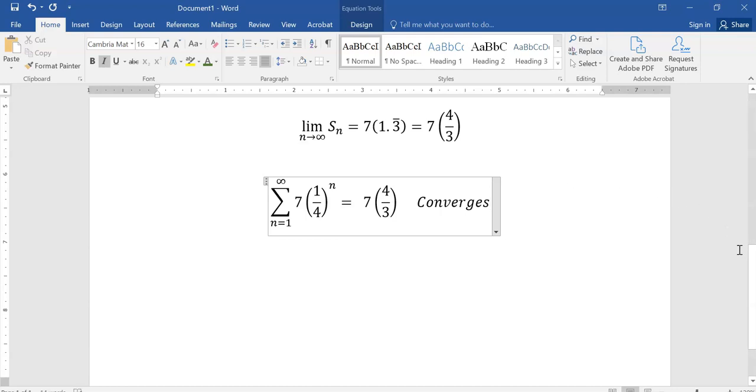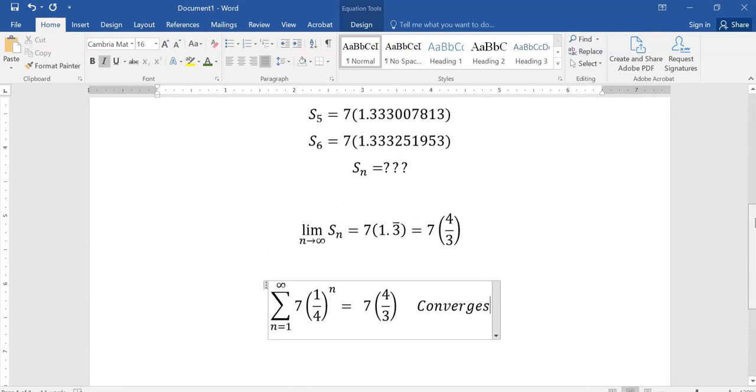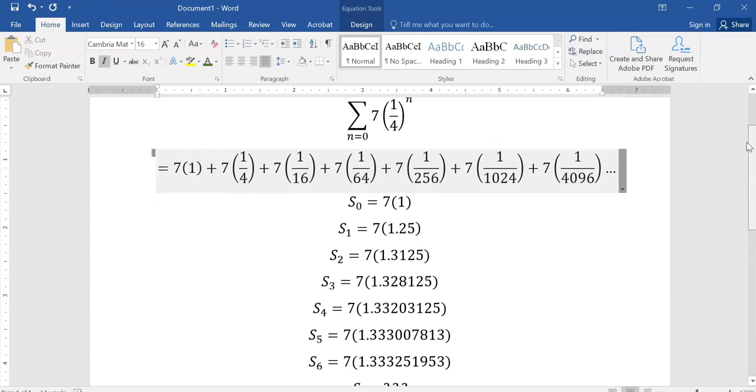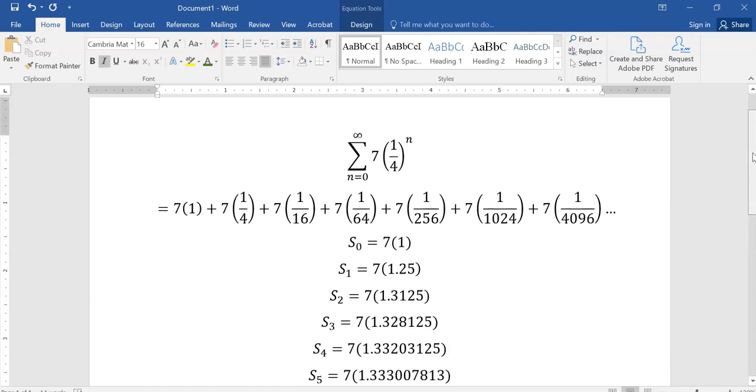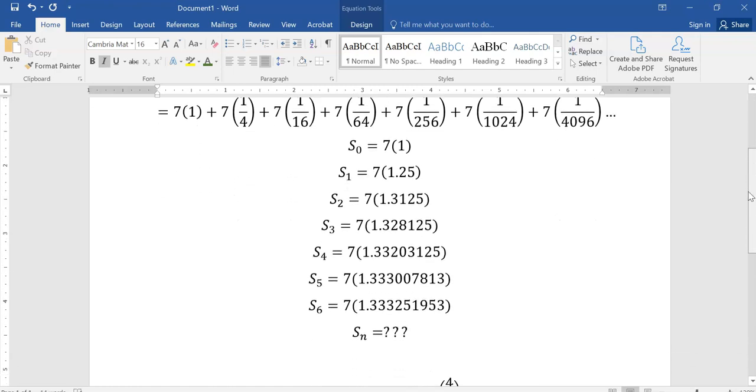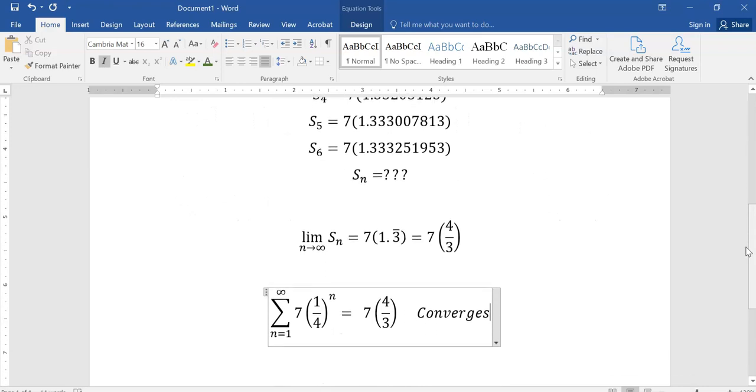Are we going to have to really know fractions well? Because obviously, if we start with something other than 1/4, it's not going to end up with 1.3 repeating. If we started with, for instance, 2/9, like we will in the next problem, what are we going to get? And it turns out that this example is a geometric series.